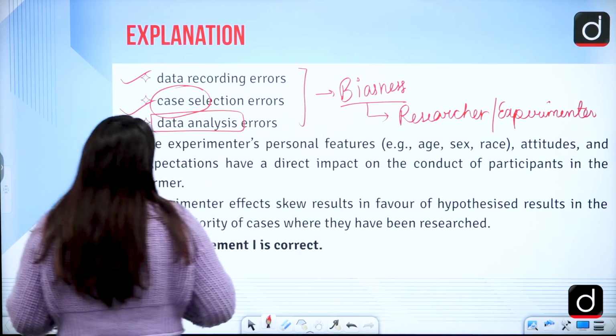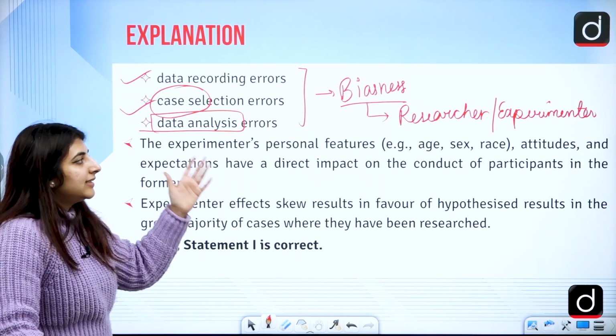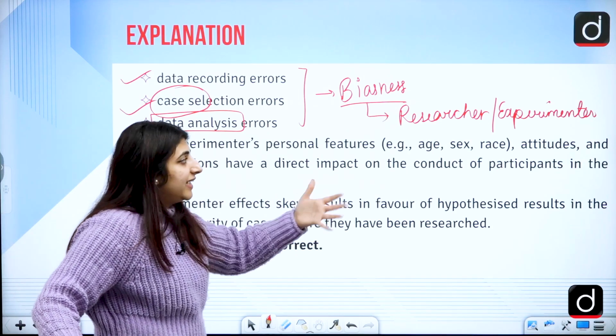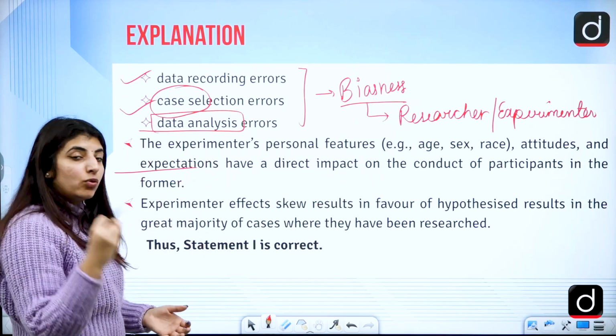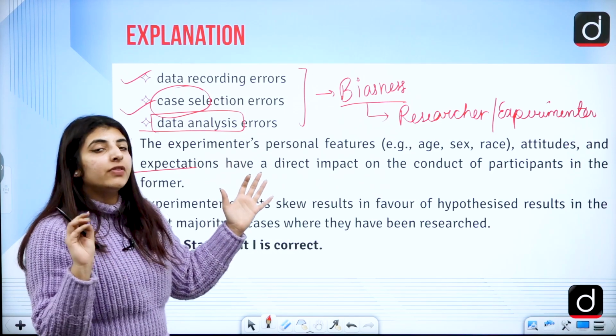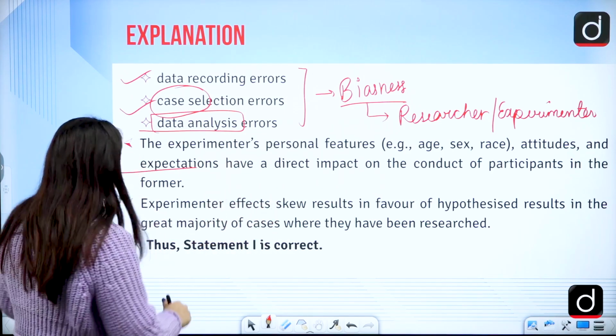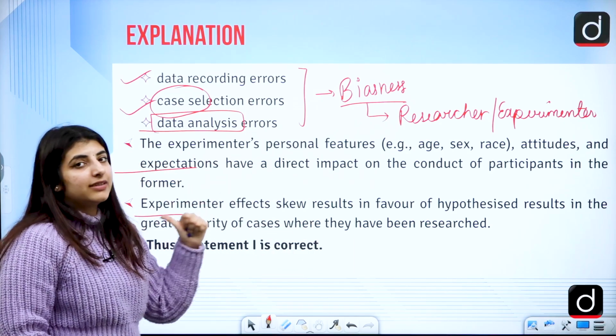Correct? The experimenter's personal features, that is his or her age, sex, race, attitudes and expectations, have a direct impact, and those effects will have a different impact altogether on the research that he's doing. Correct? Experimental effects skew results in favor of their results.